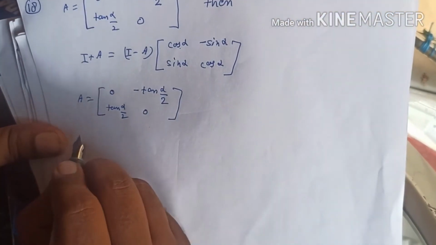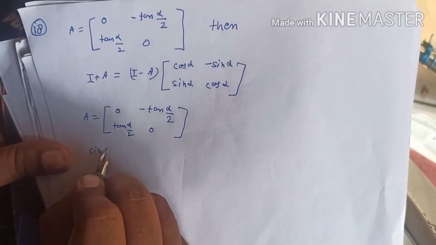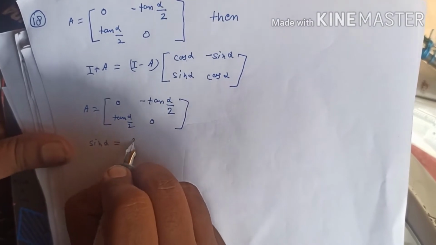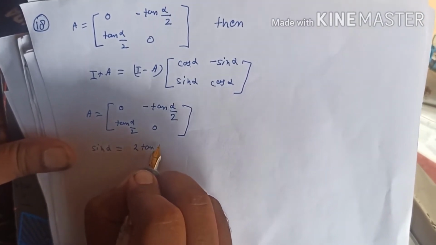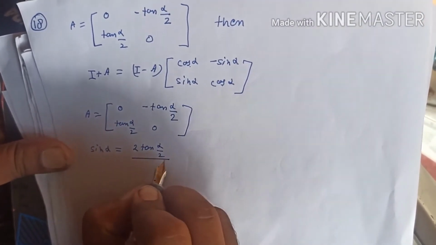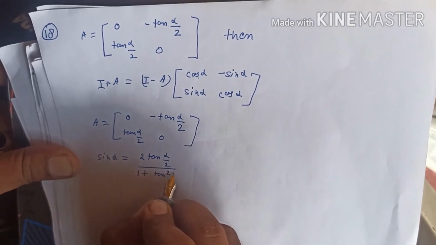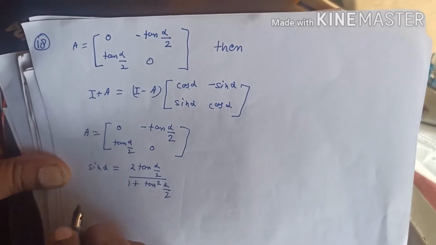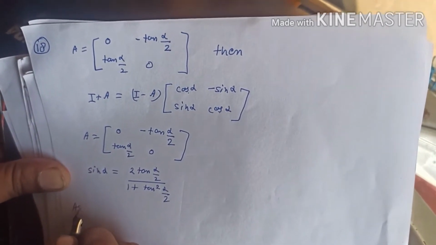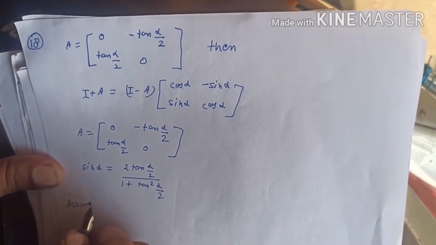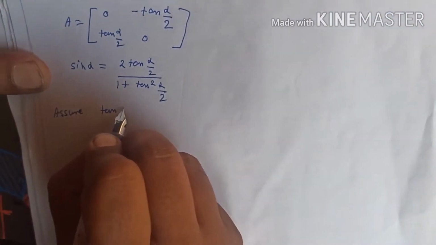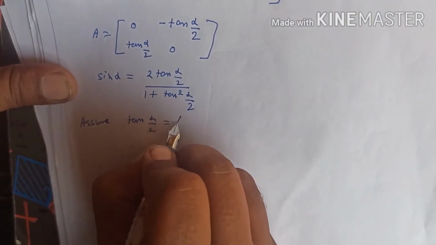So sin of alpha is equal to 2 tan alpha by 2 over 1 plus tan square alpha by 2. Just assume tan of alpha by 2 is equal to t.